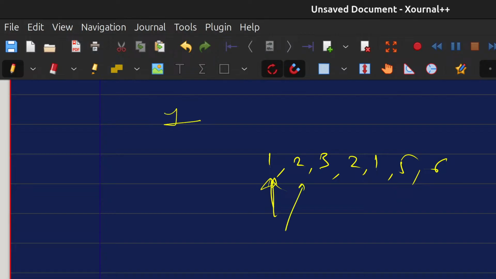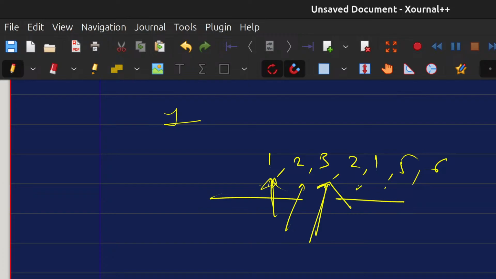If this is the center, right? So we just take left, and if it is the same, then okay. Let's say if 3 is the center, then this and this should be the same, right? Whatever it is, then it is a palindrome.